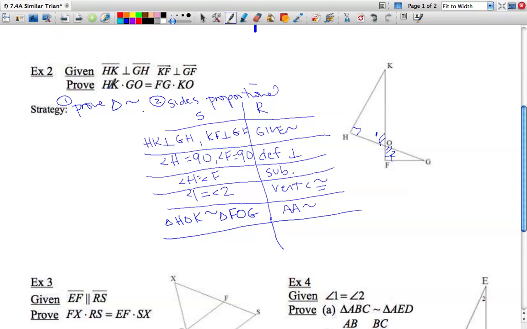So now, let's set up some proportionality, maybe using what we have here. I see an HK here and a KO and a GO and an FG. So let's see what happens if we match up HK to FG, because I see HK is here and I see FG is here. And then maybe I match that up with, what else are we given? Oh, KO, which is the same as OK, just the other way around. KO and GO.